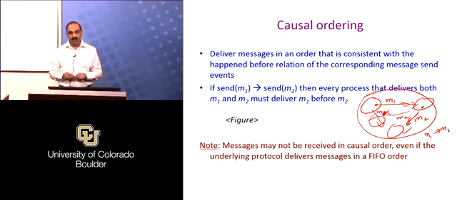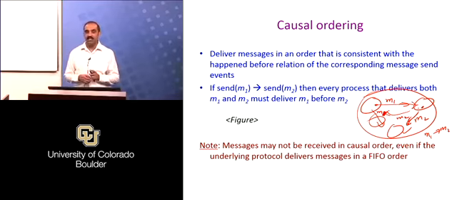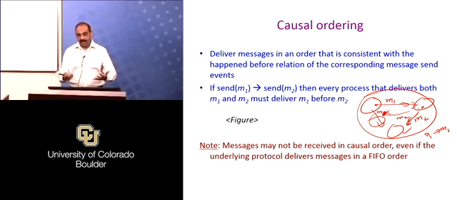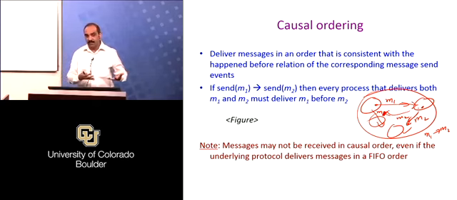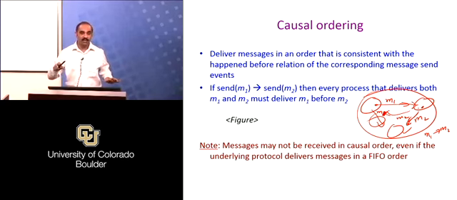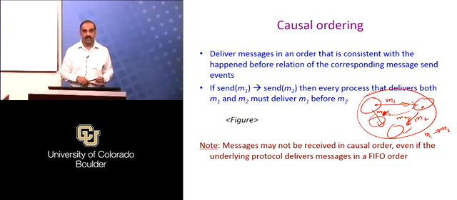When we say causal order, it's really a potential causality. When I am sending a message, potentially the content of this message is dependent on every message I have seen so far. But it could happen that I may have seen some messages and this message has nothing to do with them. So it's really potential causality.